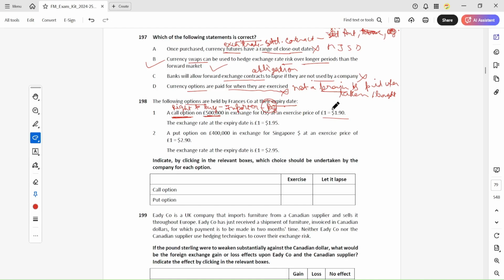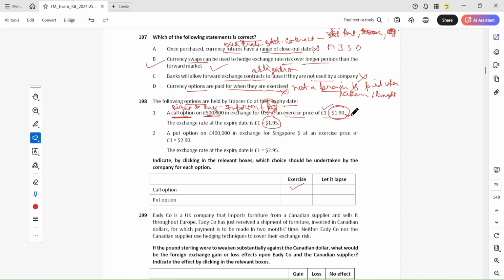Right now he has to give 1.9, but at the expiry he has to give 1.95. So he will exercise the contract right now, because right now he has to pay only $1.90 for getting 1 pound, because he has to pay in pounds.